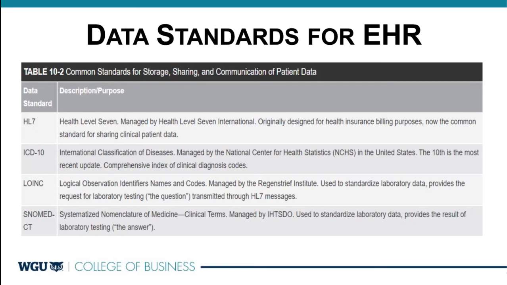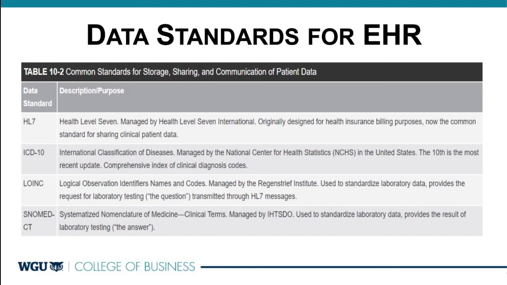HL7 is a process, right? But it's also the name of the organization that established the process for health insurance billing purposes and for what is now the standard for sharing clinical patient data between organizations internationally. So this is an international process.